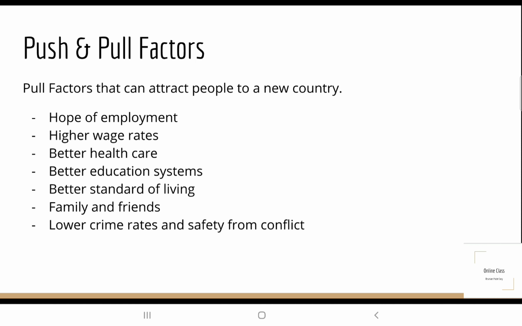And the last pull factor is a lower crime rate, and safety from conflict. So these are all the reasons for international migration from one country to another country. For internal migration, the reasons are similar, and you also have the addition of moving away from local natural disasters, which are often temporary.